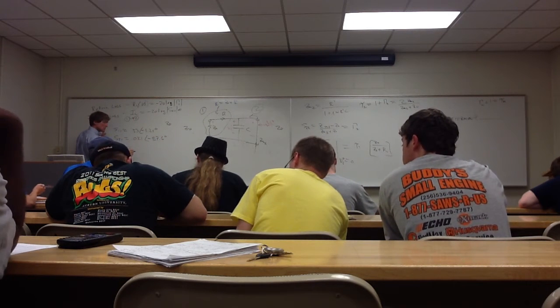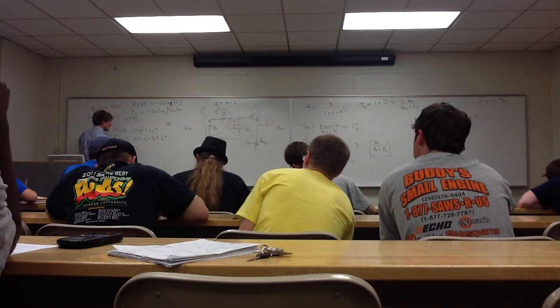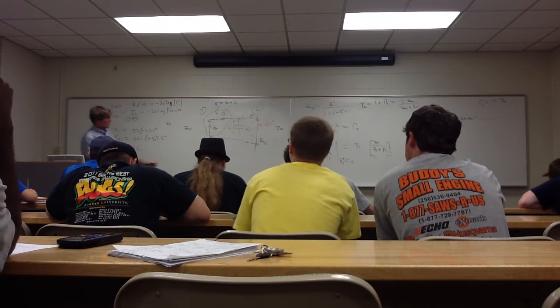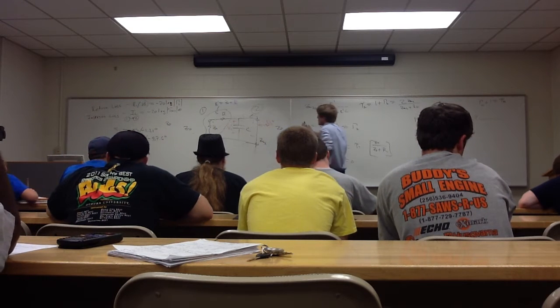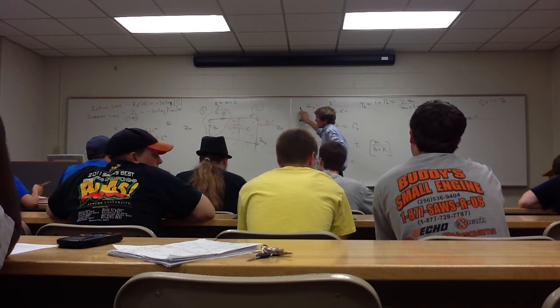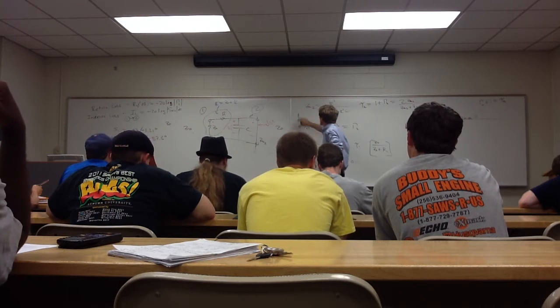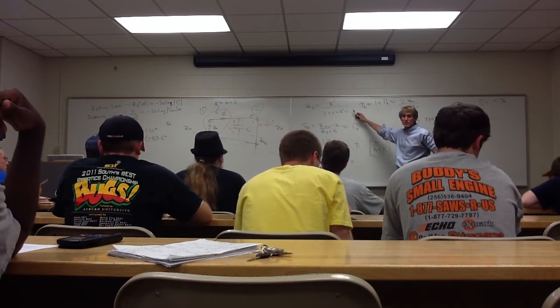S22? About 1 at an angle of minus 176. That would imply a short. I'm not sure I'm believing that one. What is this value right here for Z in? I'll tell you what it is.